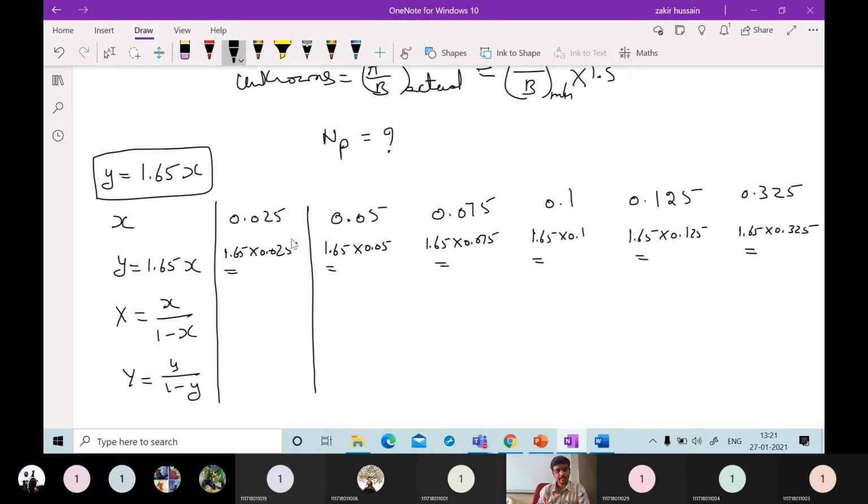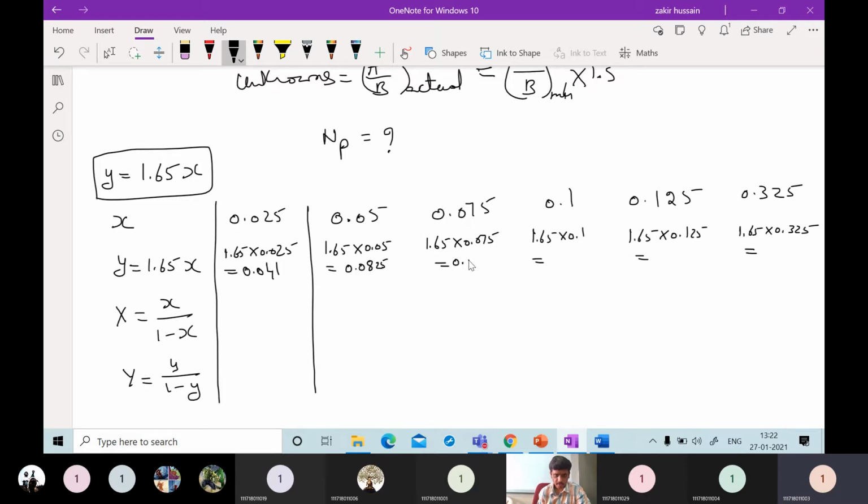Can anybody say these values? 1.65 into 0.025 is 0.041. The second one is 0.0825.